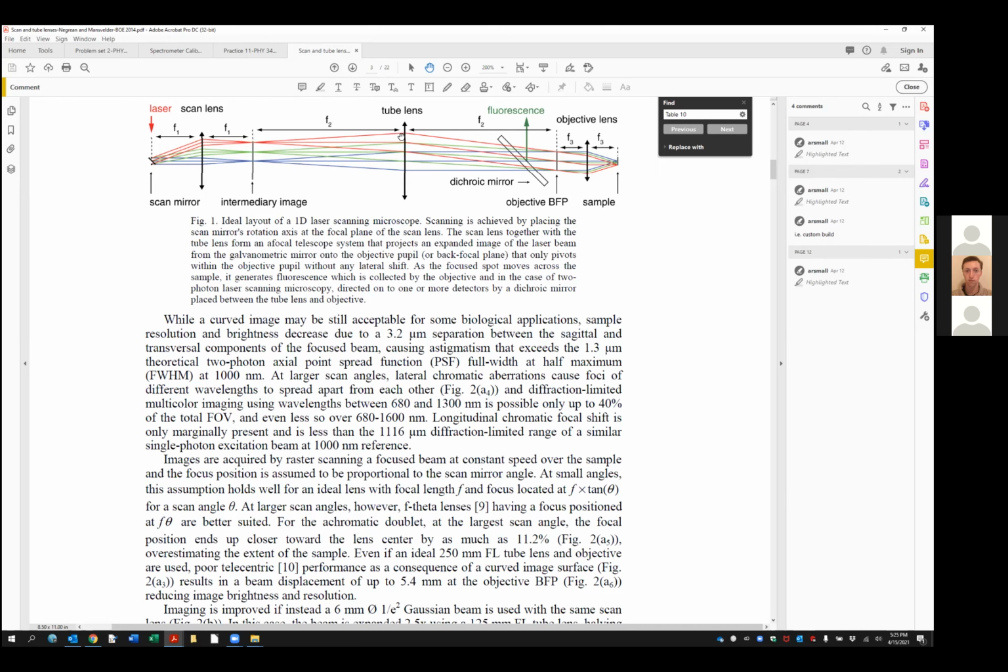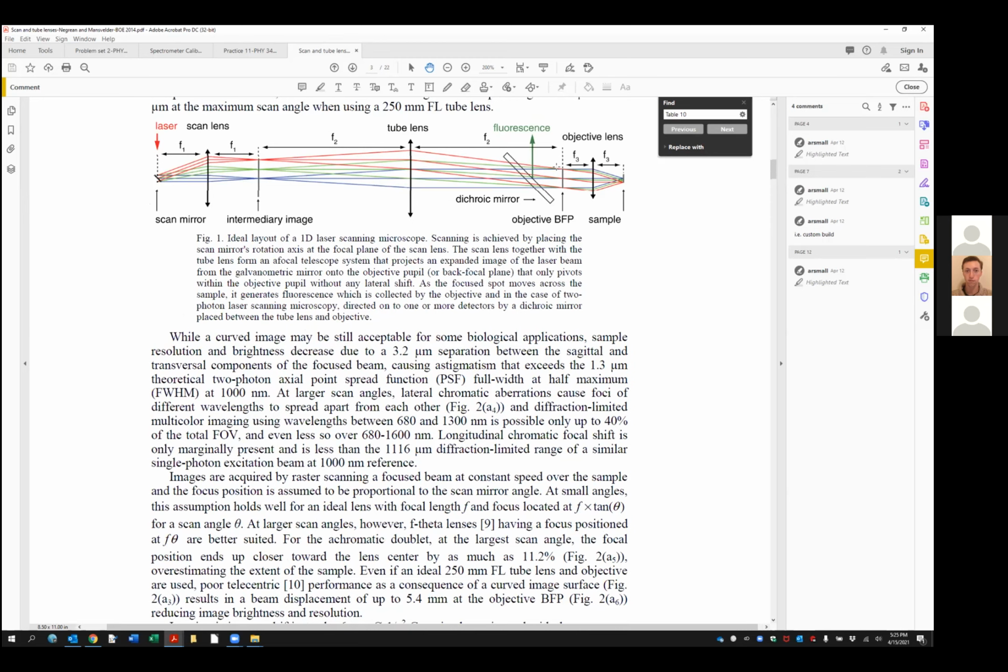And then it sends it through two more lenses, a tube lens and an objective lens. Don't worry for now about the focused spots here. The important thing to realize is that we are essentially demagnifying. The microscope magnifies light coming out, but we are demagnifying because we're sending light in.